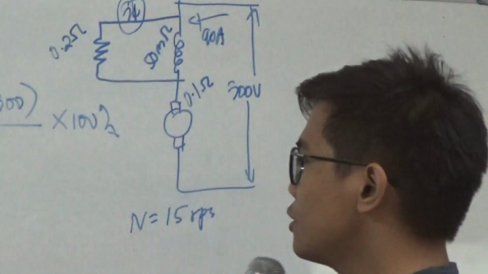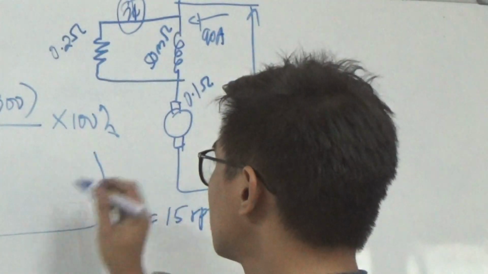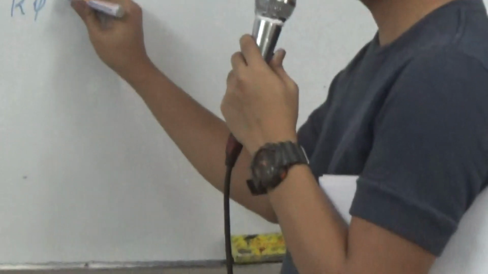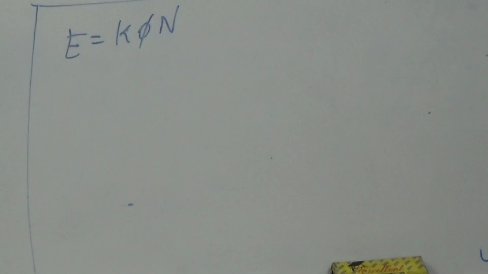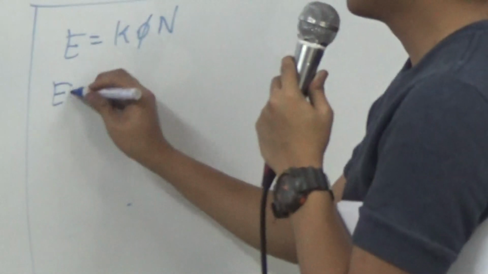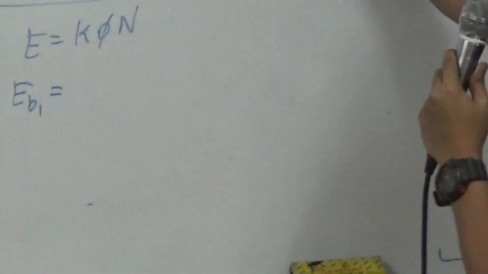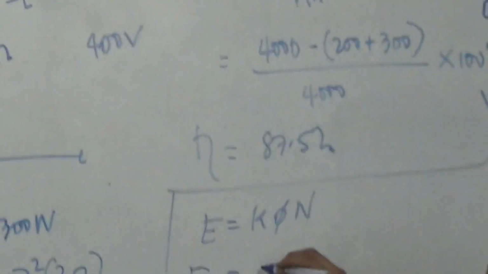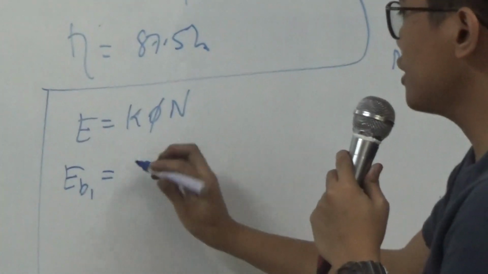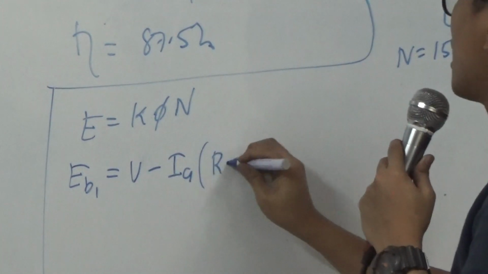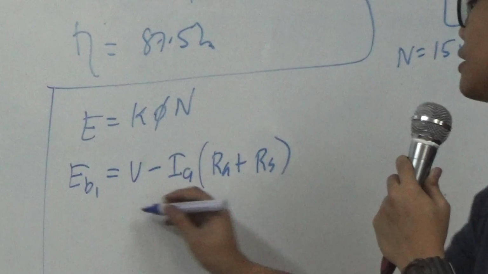So again, i-continue natin. E is equals to K times the flux multiplied by the speed. Siyempre, kunin muna natin yung EB1 or back EMF1. Yung for the first condition na walang diverter, that will be the voltage minus IA multiplied by RA plus RS.